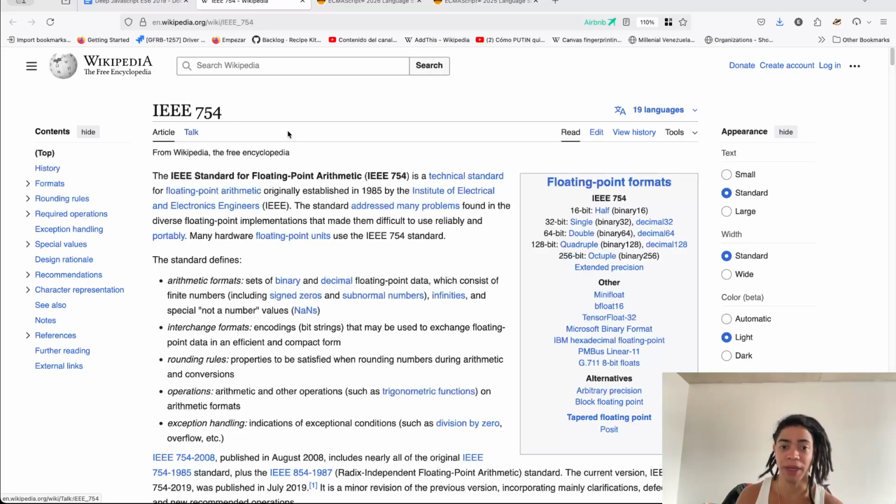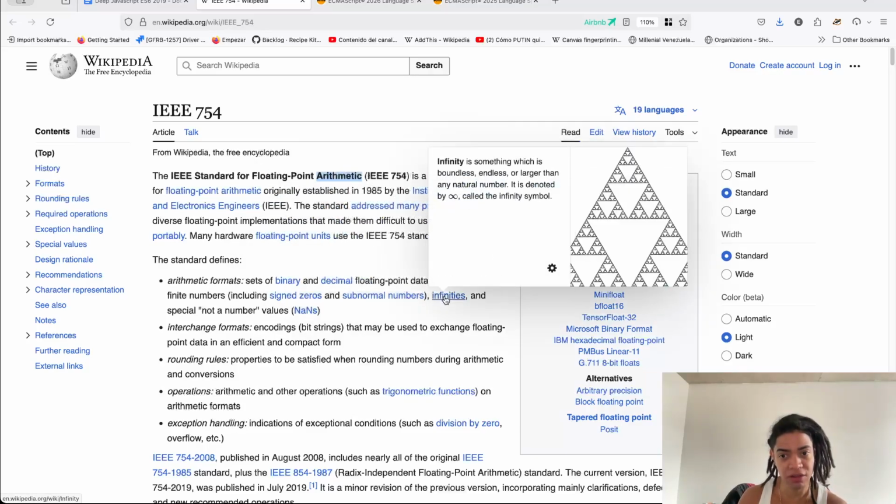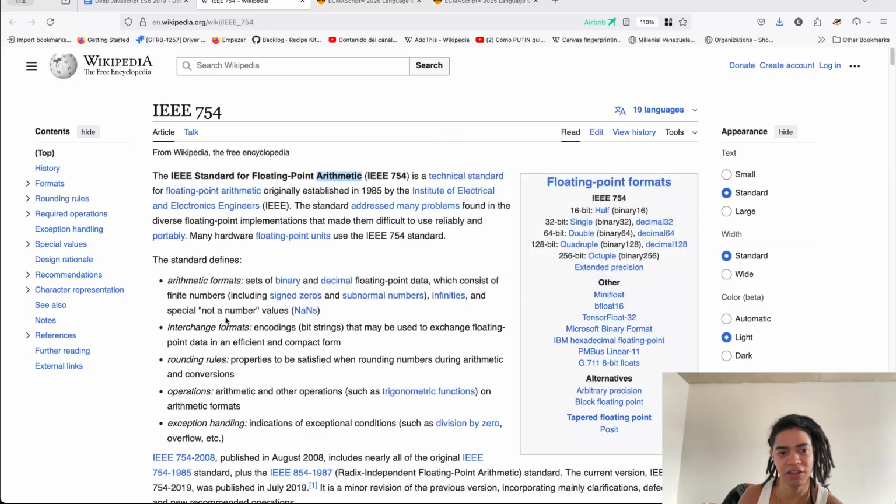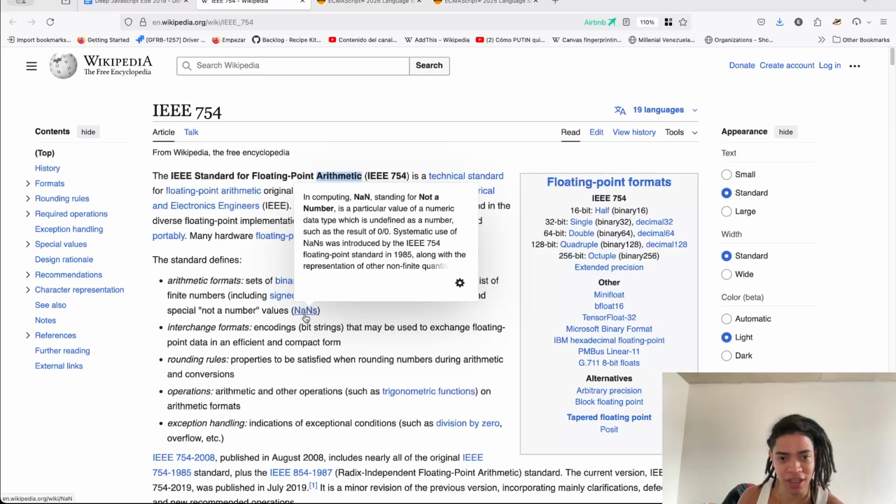This spec for floating point arithmetic defines, for example, an arithmetic format, a set of binary and decimal floating point data, which consists of finite numbers, signed zeros, infinities, which is also a valid primitive or a valid type, and a special not-a-number value. So, not a number.